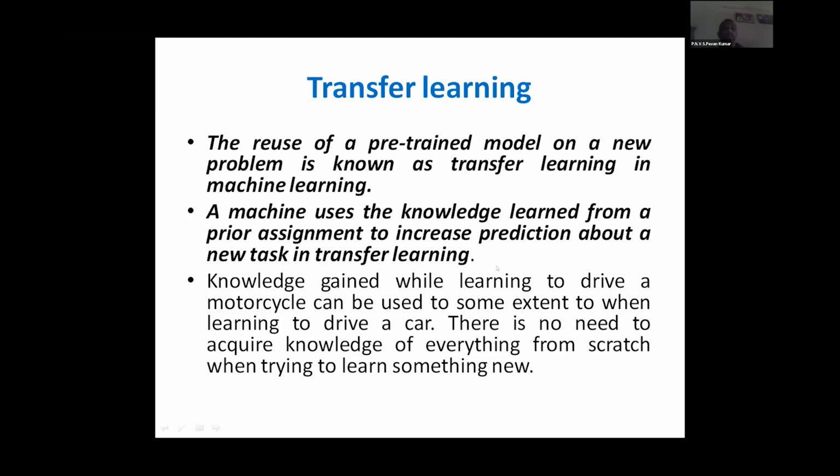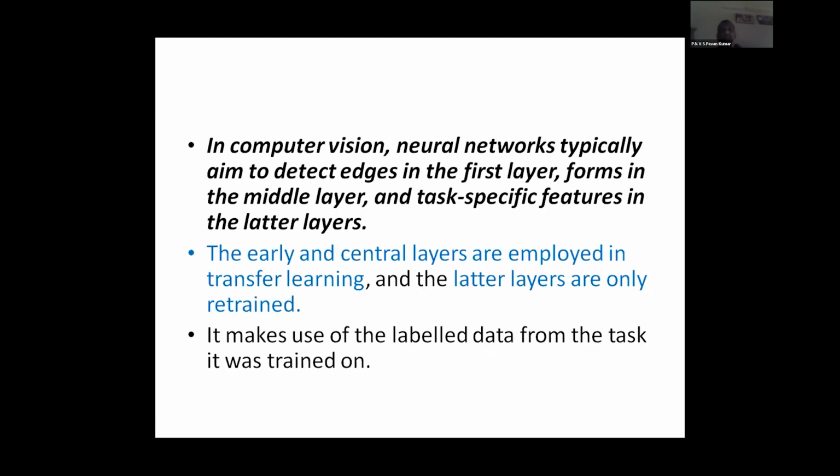The knowledge gained while learning to drive a motorcycle can be used to some extent when learning to drive a car. This is a good example of transfer learning. There's no need to acquire knowledge of everything from scratch when trying to learn something new. That is the purpose of transfer learning.